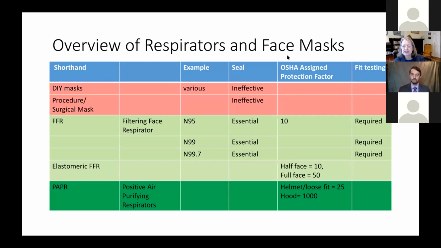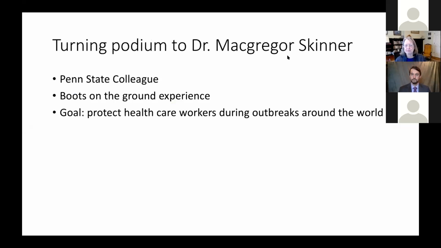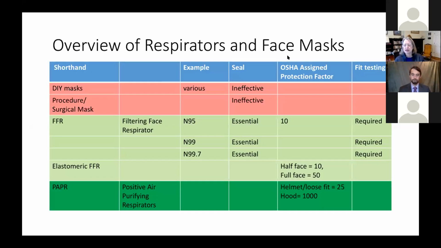For the filtering facepiece respirators, the N95, which is our workhorse for filtration, the seal is essential, and fit testing is required, both to know that you have a respirator that fits your particular facial contours, but also as something you do as part of your risk assessment every time you put the respirator on. And then finally, the powered air purifying respirators have a variety of protection factors depending on their hood. And Gavin will talk about that.